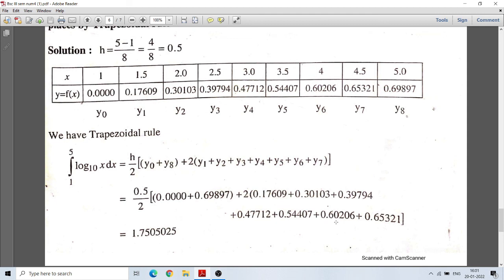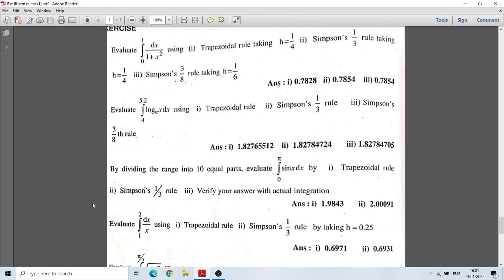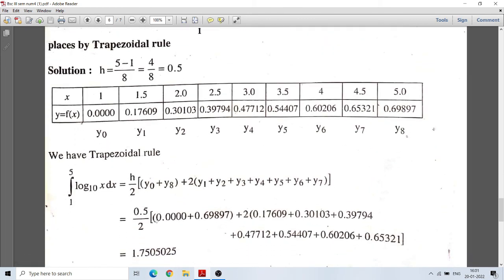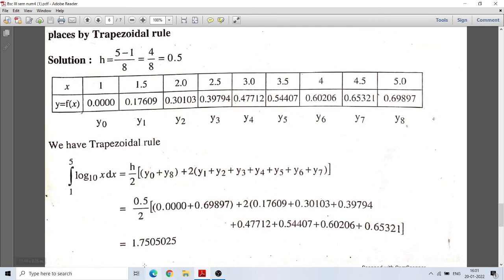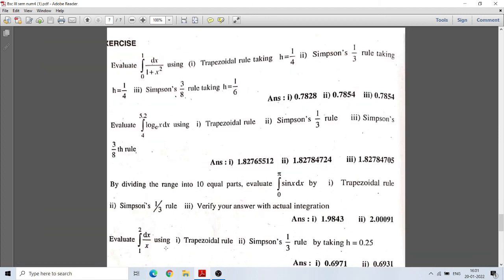This is y5 value, y6, y7 values. And simplify, we will get the trapezoidal rule logarithm base 10 as 1.7505025.